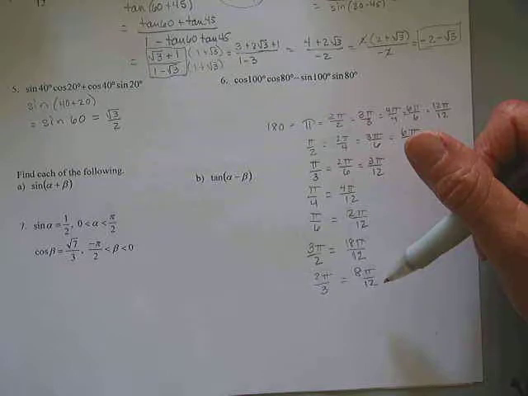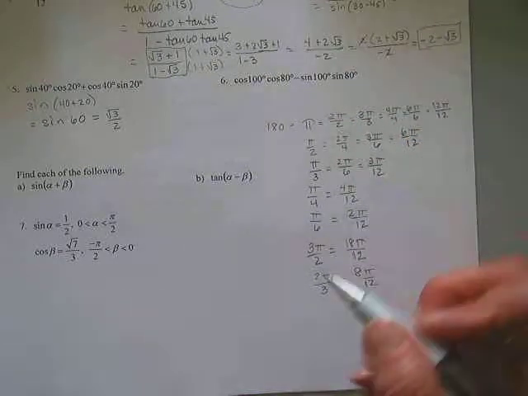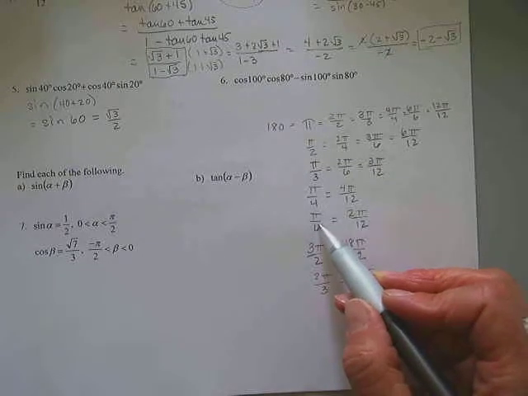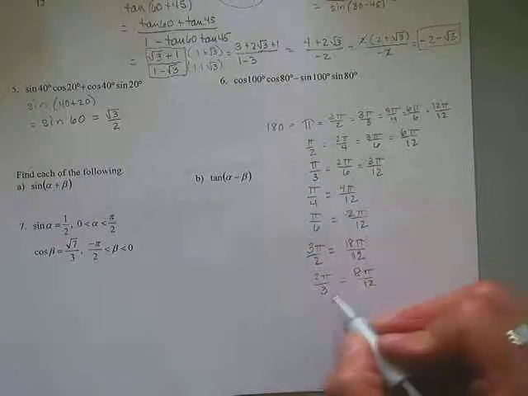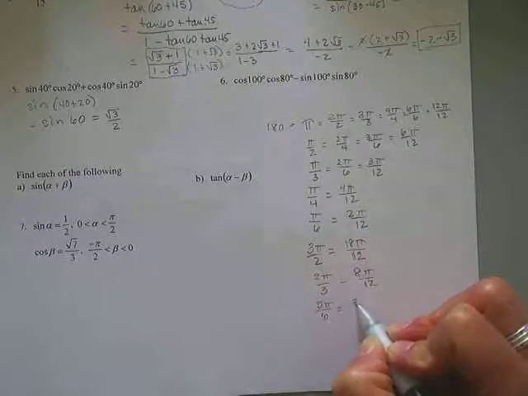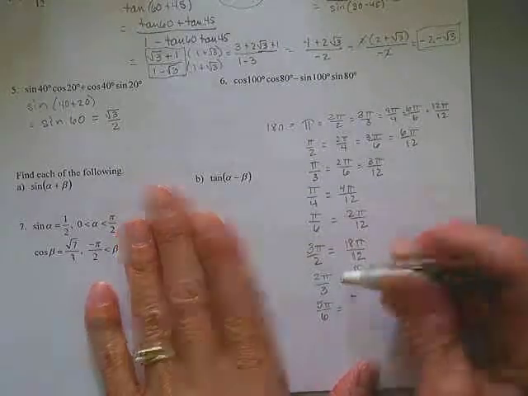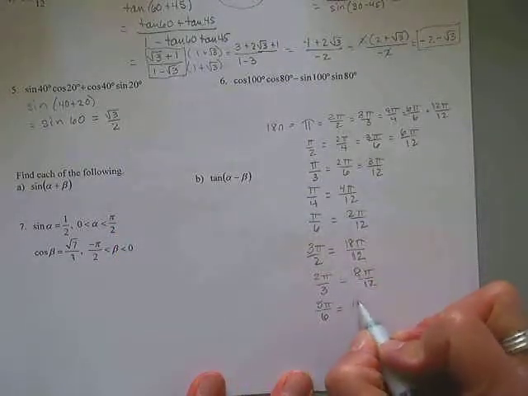The only special one is this one right there. So 2 pi over 3 is the same as 8 pi over 12. So maybe that. What's 13 minus 8? 5.